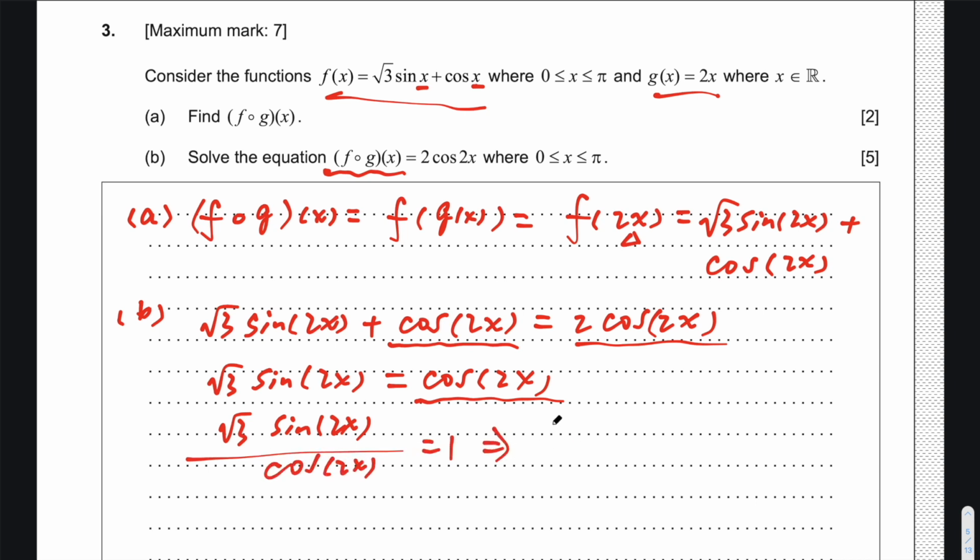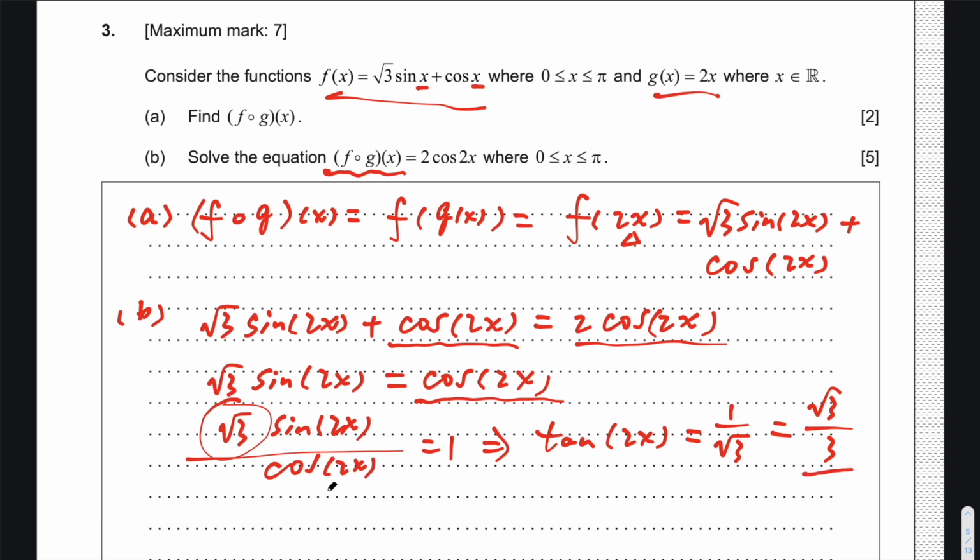So that means tangent 2x is equal to, then we divide both sides by this square root of 3, right, so we get 1 over square root of 3. And that would be root 3 over 3.